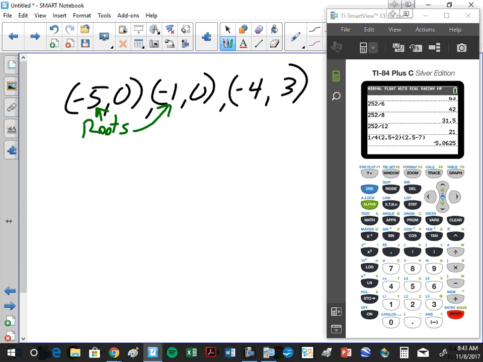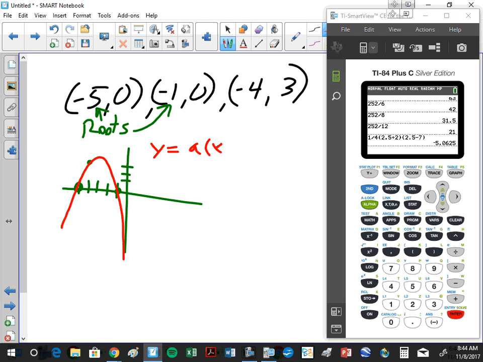If I graph this, I left 5 and left 1, and then -4 up 3. Does this parabola open up or down? Down. I could draw it like this. And I know that it's going to be y equals a times x minus one of the roots times x minus the other root.